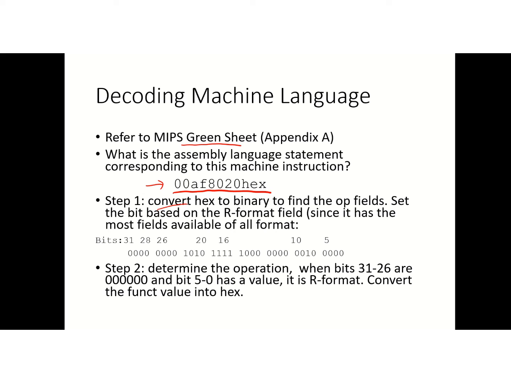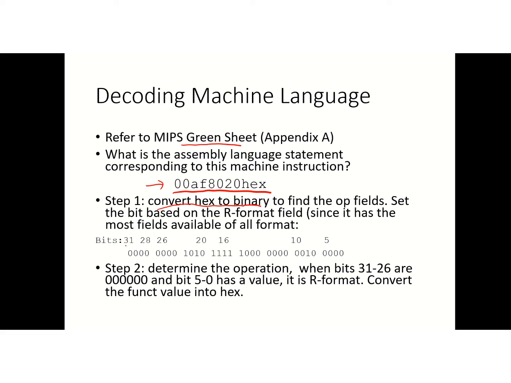The first step is that you convert the hex to binary to find the op field. We set the bits based on the R format fields, because that is the longest format that we have among all the formats.